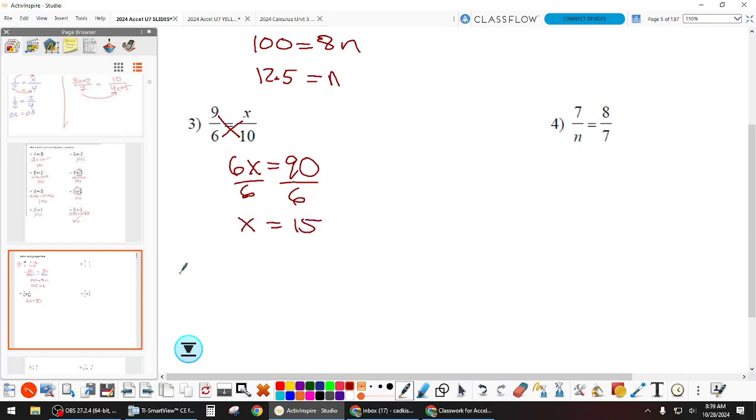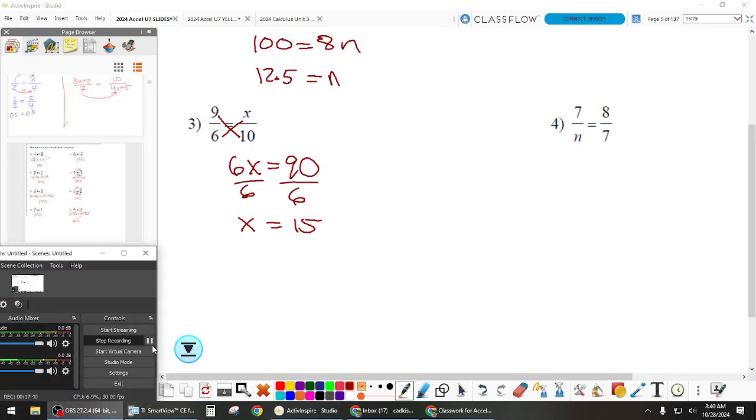Okay? So, diagonally multiply. And then he said cross multiply and divide. In these simple ones, yes, the next step is divide. But we're not going to do very many of these simple ones. So just remember to cross multiply and set equal. That's what I want us to remember. All right, let's take a break.